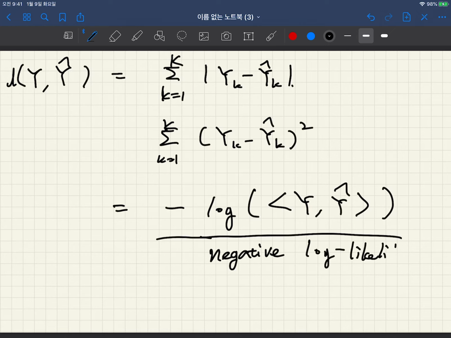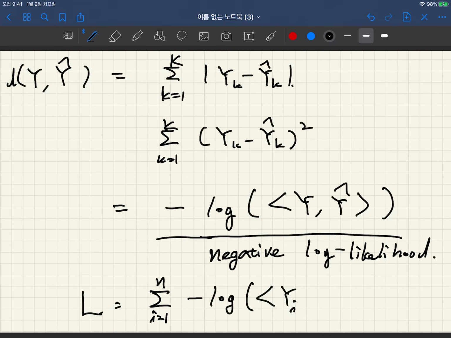Okay, so we usually define this negative log likelihood function as the training loss. So basically your loss function is the sum over all training data points of minus log of y_i, the true output label, times y hat, which comes from your softmax output.